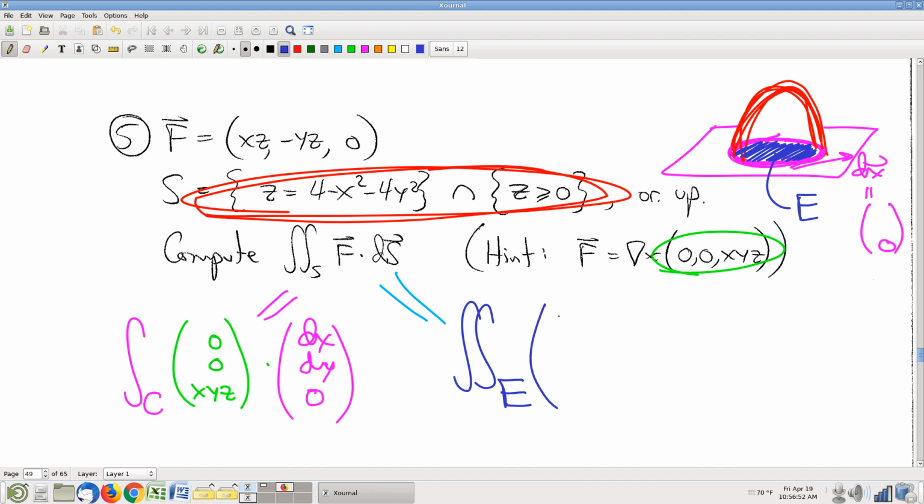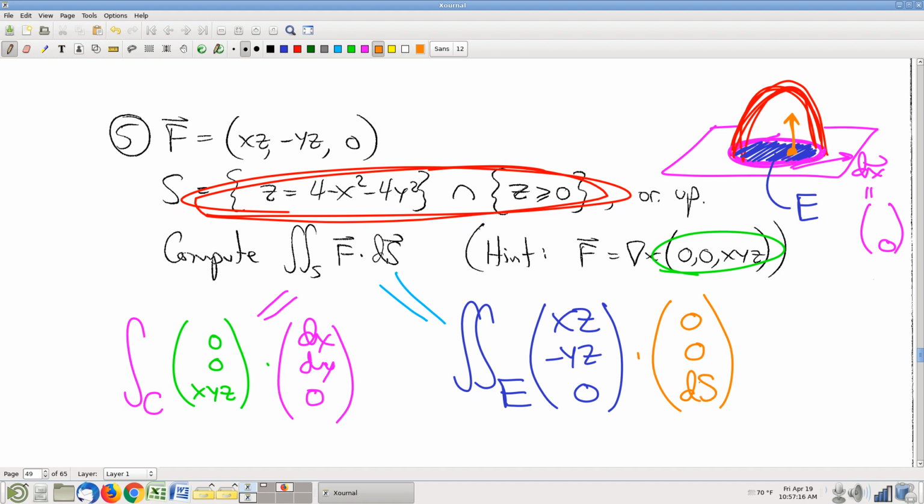Our vector field dot ds. What is our ds? Let's see here. Our ds on this new surface points straight up and is therefore 0, 0, ds scalar.